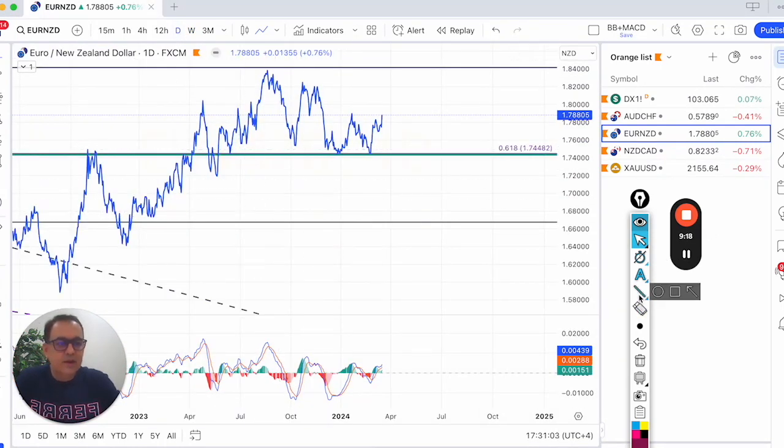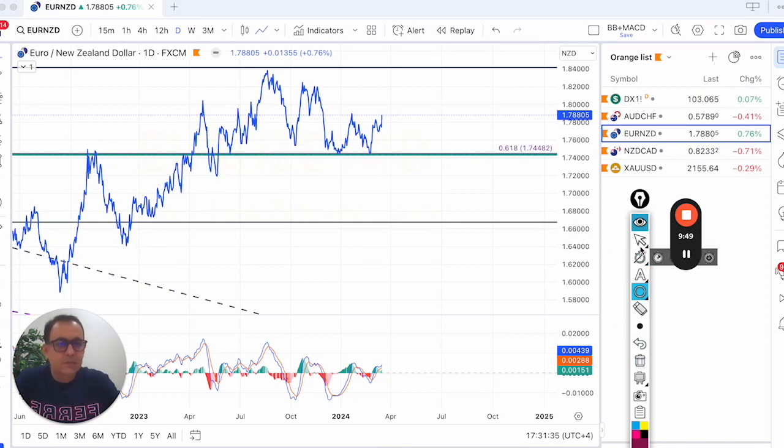Now here we have double bottom with bullish divergence. Now once you get the break of structure, you can expect short-term pullback and then continuation to the next fib level, that is 1.84. So daily chart remains bullish. We have a sequence of low and higher low and higher low along with double bottom here.